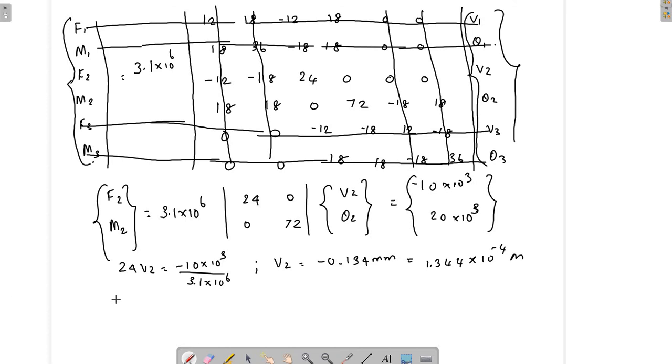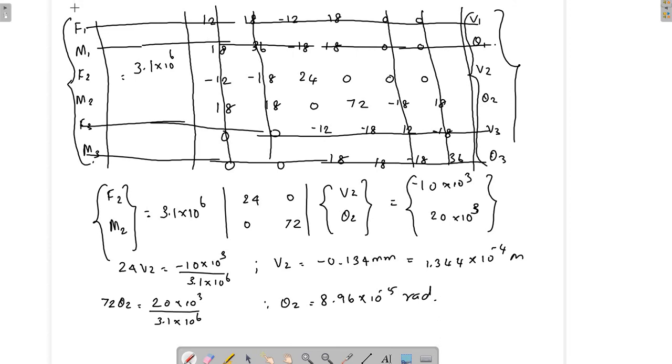Similarly, the theta 2 value: 72 theta 2, which is 20 into 10 power 3 divided by 3.1 into 10 power 6, leads to the theta 2 value in radians, which is 8.96 into 10 power minus 5 radians. So now we have calculated the displacement and rotation V2 and theta 2.